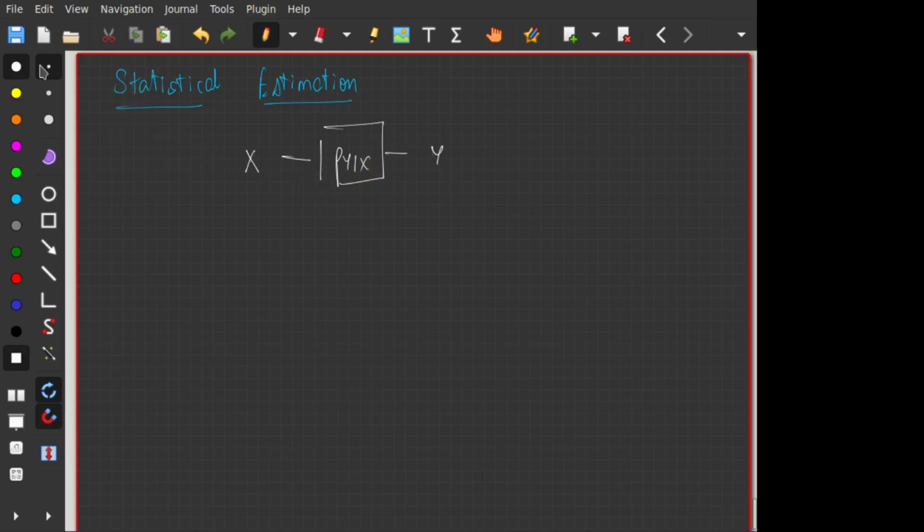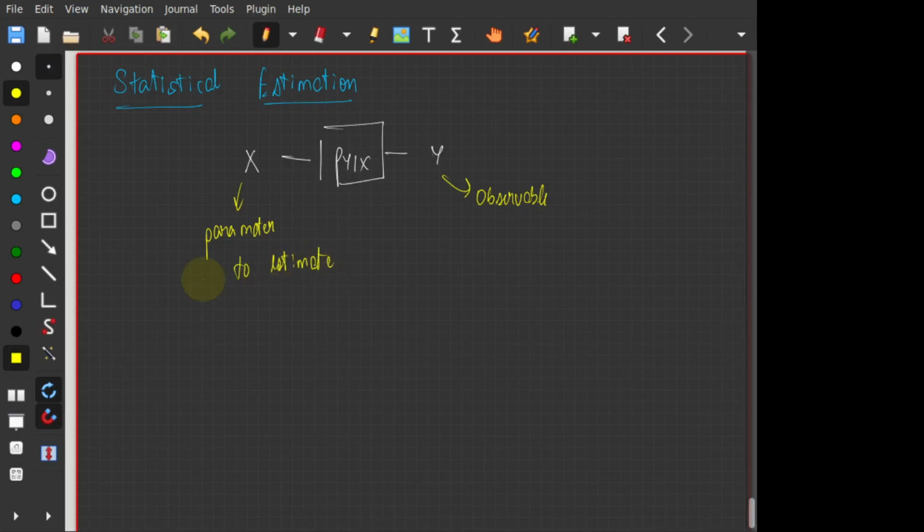Okay, so y is your observable, and x is the parameter you want to estimate. Right? And this covers a very broad class of problems.